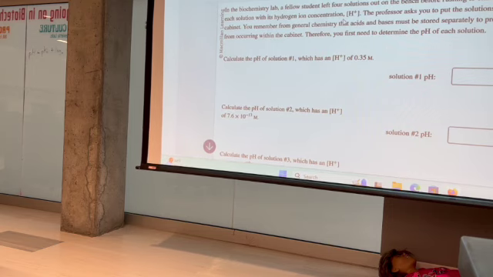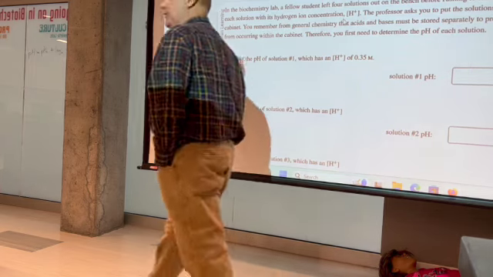Needless to say, you can always ask Google or ChatGPT or whatever, but how do we arrive at a pH from an H+ concentration? Yeah. Is it just a negative log?